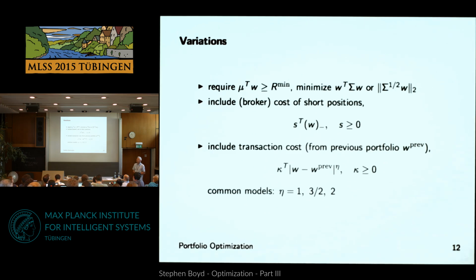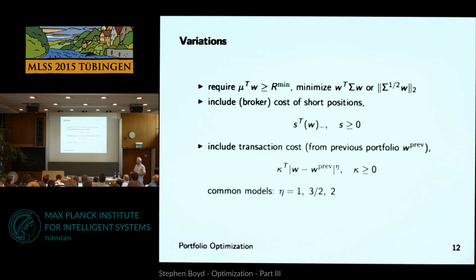And so what that means is there's actually a cost. You can add a cost. In fact, these are not single period. You're doing these over multiple periods, right? In the previous period, you might have a portfolio allocation W previous. And so you'd actually take into account that if you buy and sell stuff, it's going to cost you money. I'm not going to go into that.